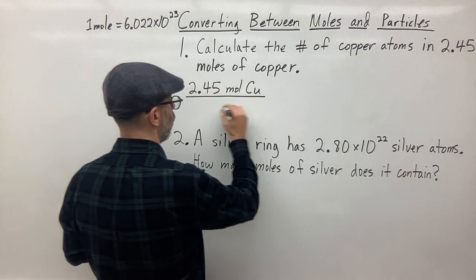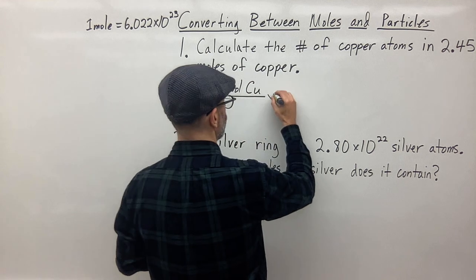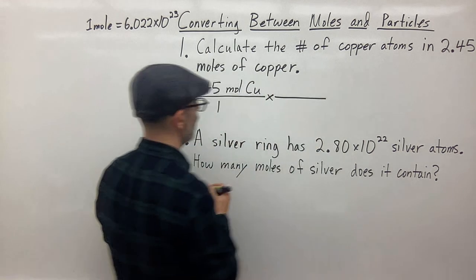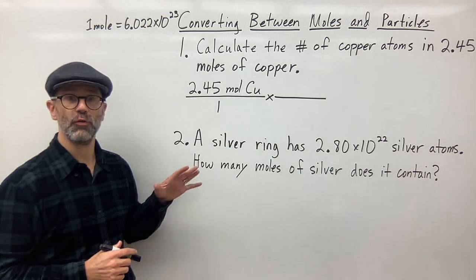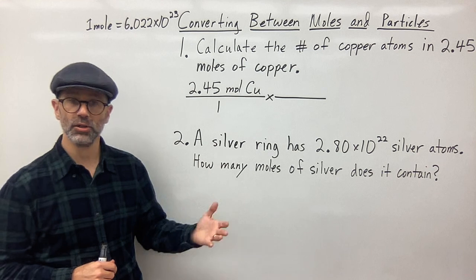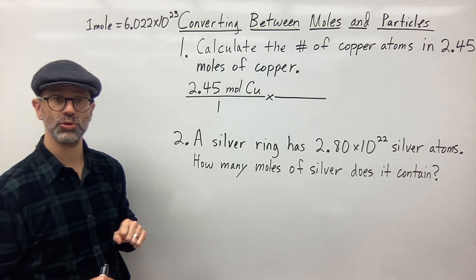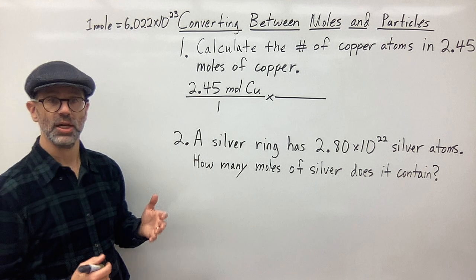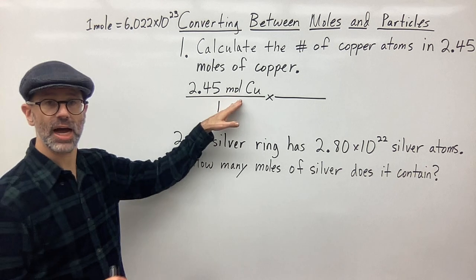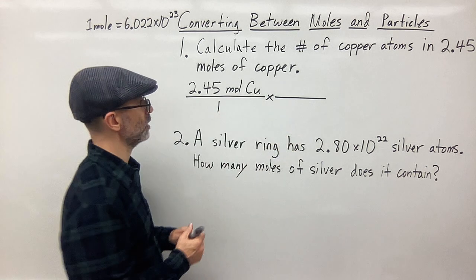We're going to put that over 1, and then we're going to multiply by the conversion factor. Since we're trying to go from moles to particles, we're going to use 1 mole is equal to 6.022 times 10 to the 23rd particles. So since I have moles on top, I'm going to put moles of copper on the bottom.